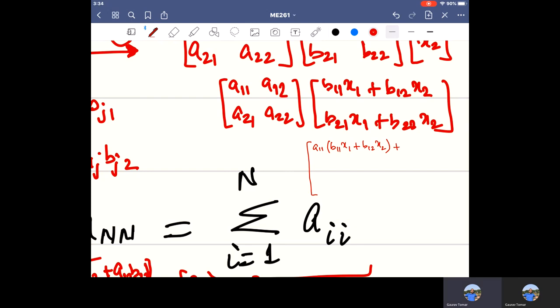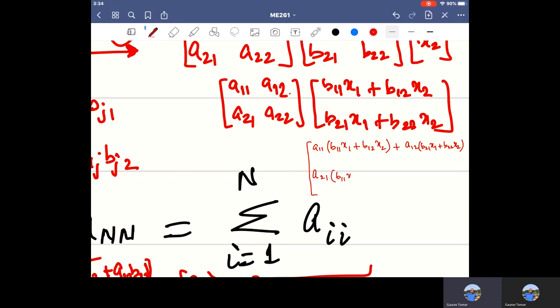Okay, and then plus you have A12 multiplying this one. So A12 into B21 x1 plus B22 x2. That's one row. Then again, the lower row, you can do the same thing.